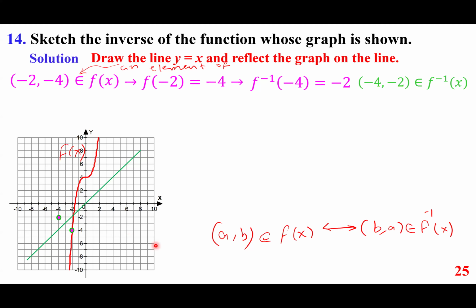We continue with more points. For example, 0 comma 4 is an easy point. It's the y-intercept for f of x. And clearly 4 comma 0 must belong to the other one. But let's write the meaning of this: f of 0 is 4. That means f inverse of 4 must be 0.